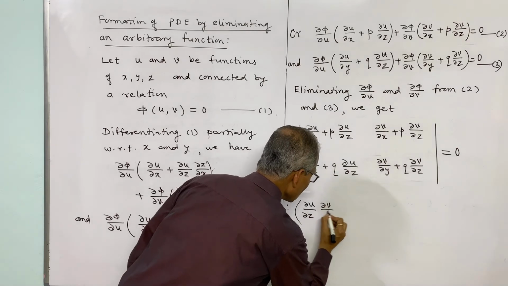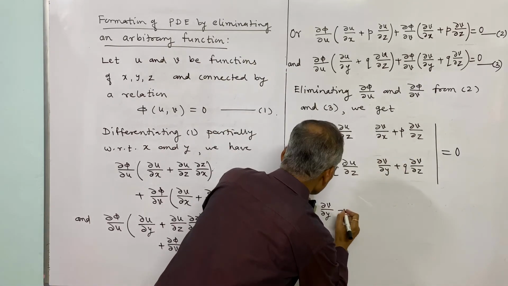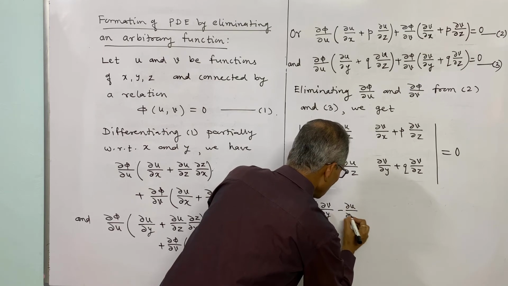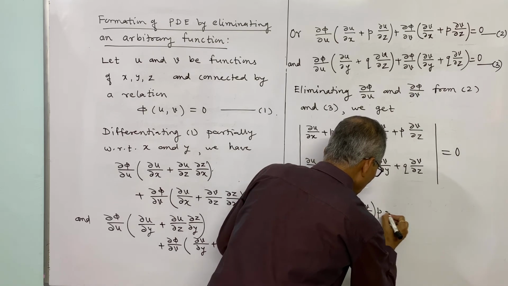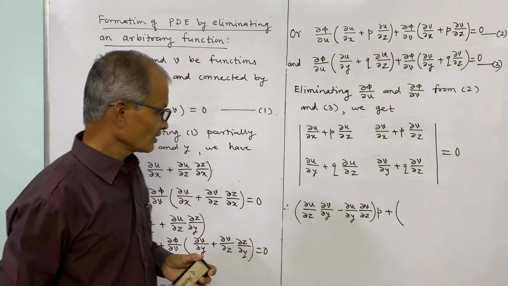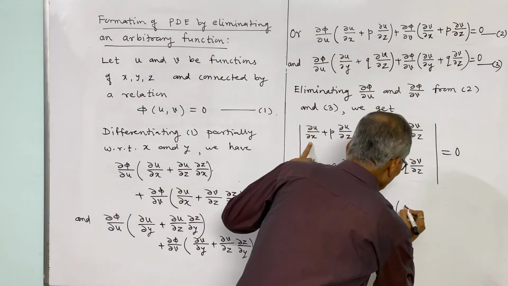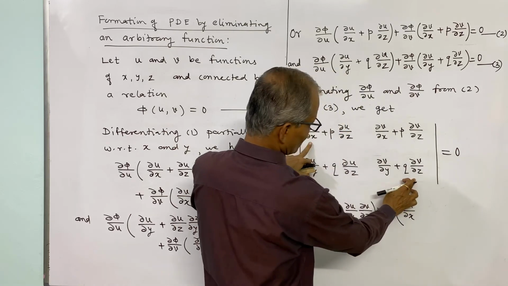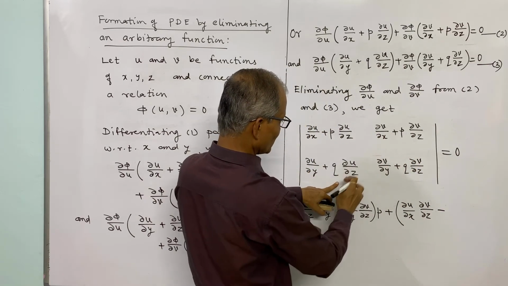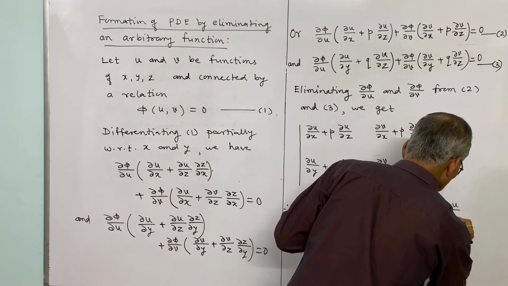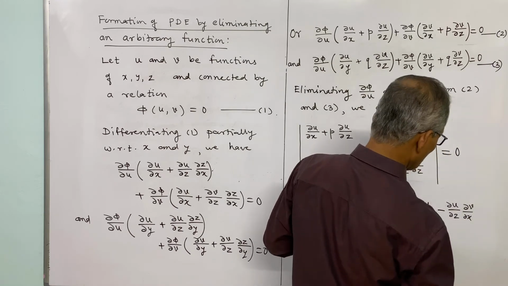Plus the coefficient of q: ∂u/∂x times ∂v/∂z, minus ∂u/∂z times ∂v/∂x, times q.